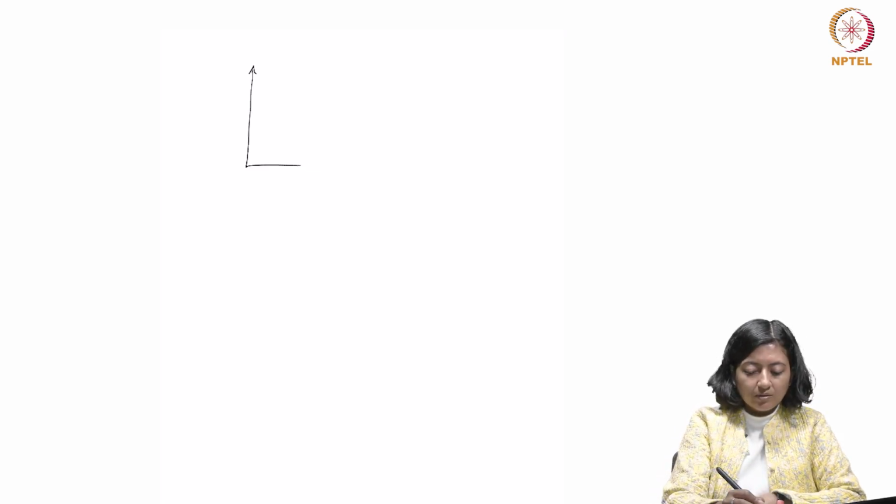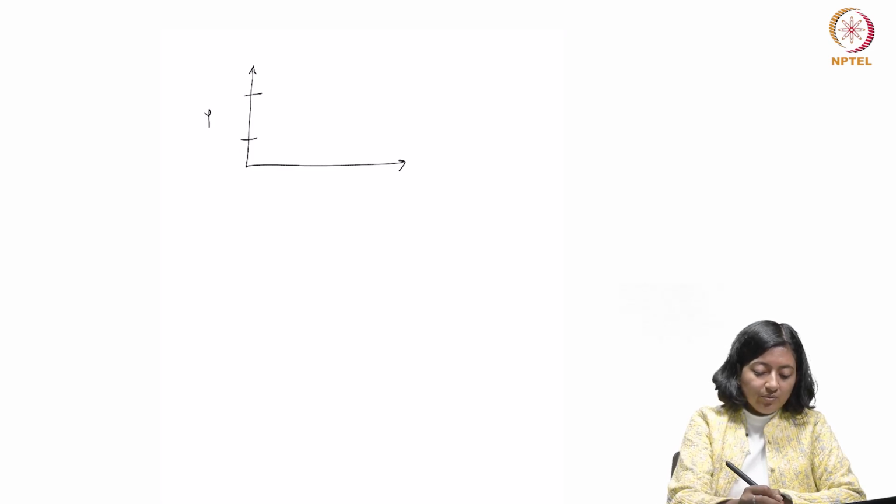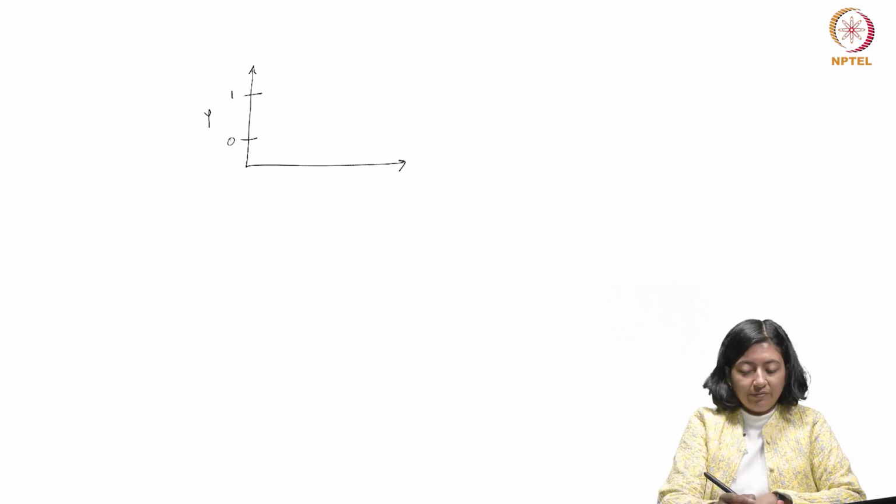So, for example, we have a response variable which only has two values 0 and 1, and also a predictor variable which also has values 0 and 1.